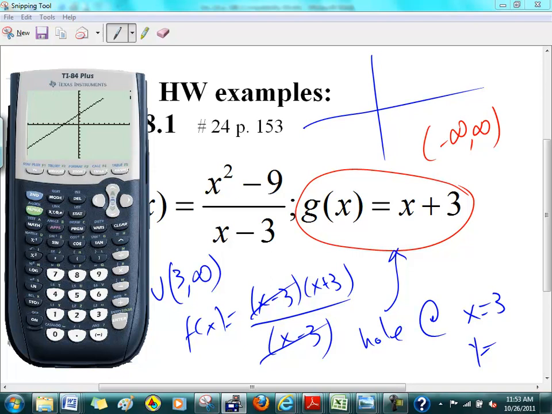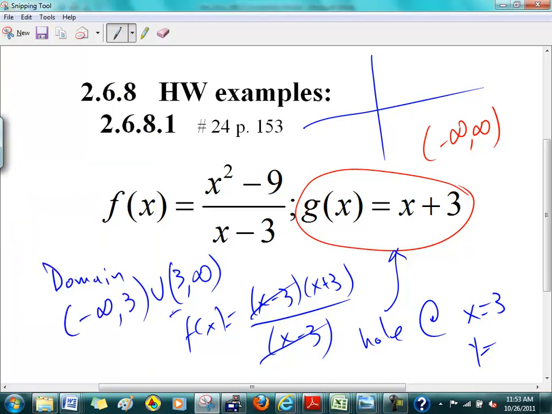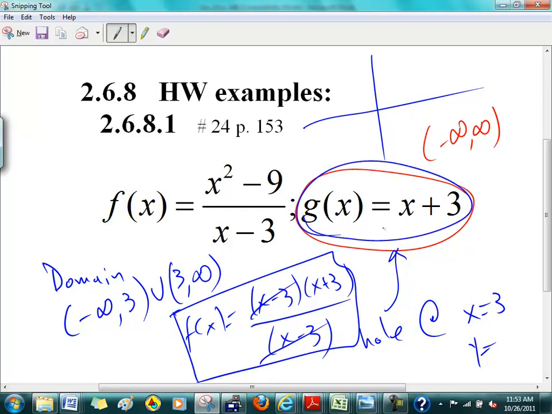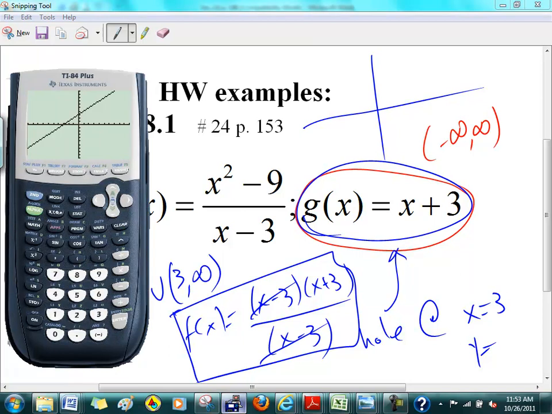Oh my God, it looks like a line. Isn't that amazing that it looks like a line? It is a line. And it's a line because when you simplify f of x, what do you get? Don't you get x plus 3? Isn't that a line?